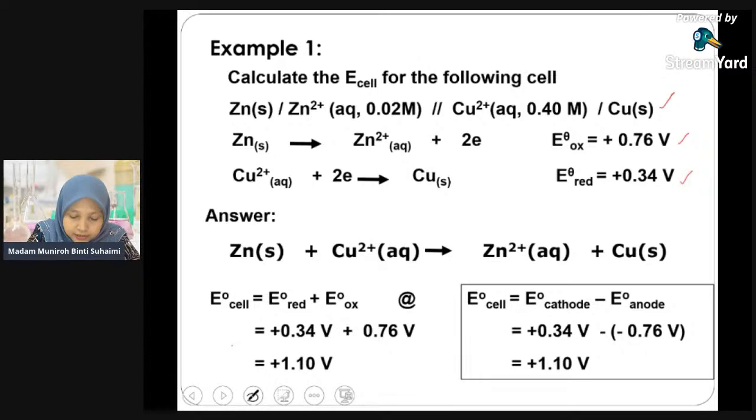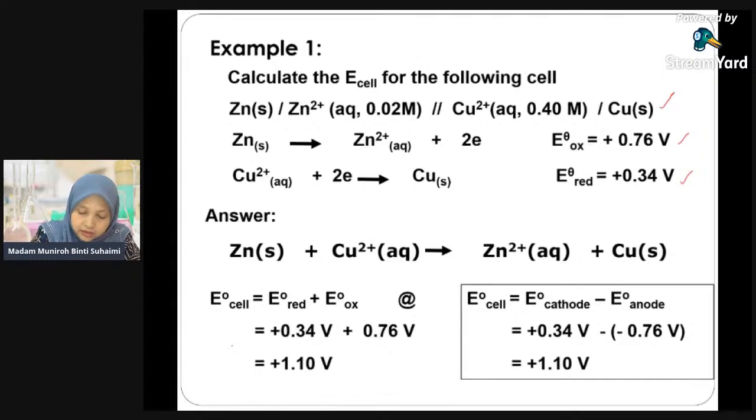To calculate E0 cell, we have two formulas that we can choose: E0 cell equals E0 reduction plus E0 oxidation, or E0 cell equals E0 cathode minus E0 anode. So it depends.